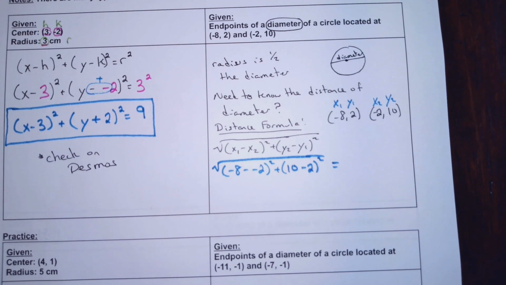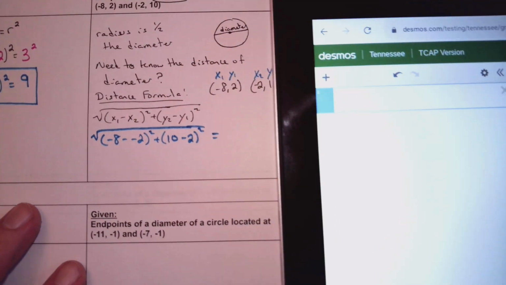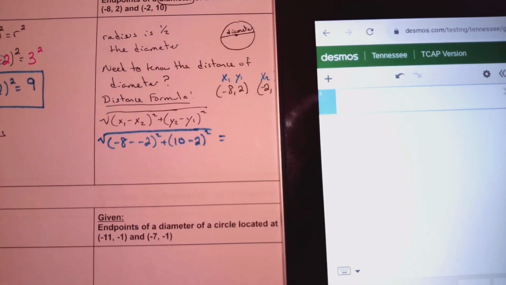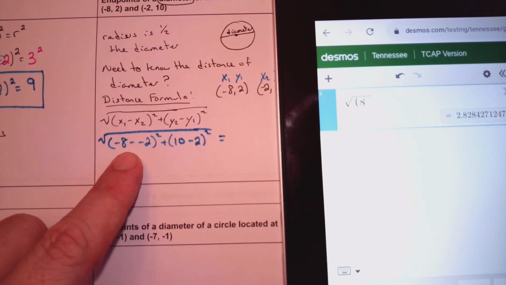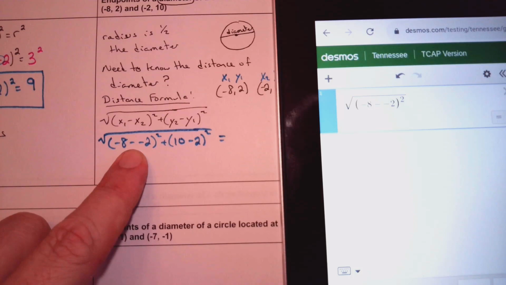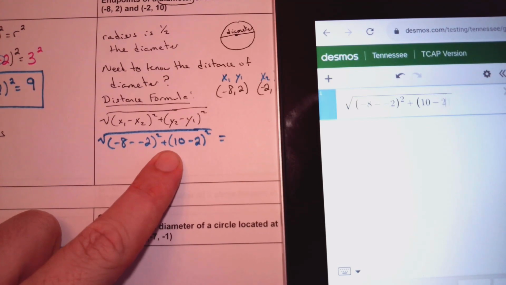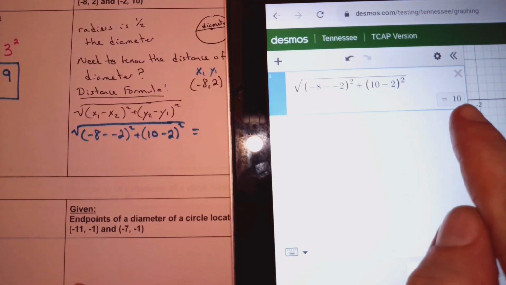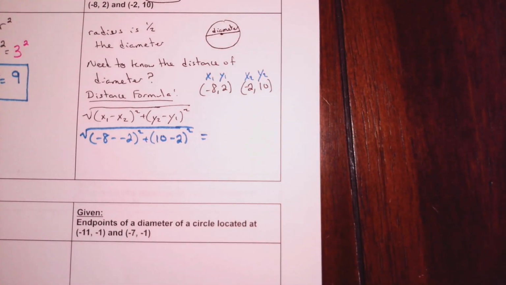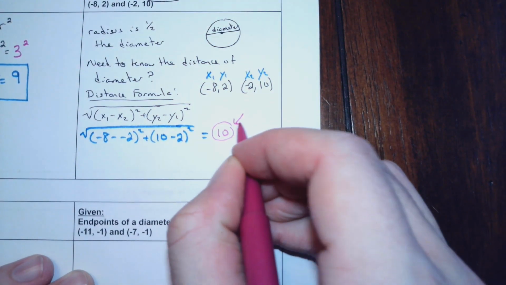So I can come back to Desmos and type it in. Square root, -8 minus 2 squared plus 10 minus 2 squared, and my answer is 10. So the answer is 10.